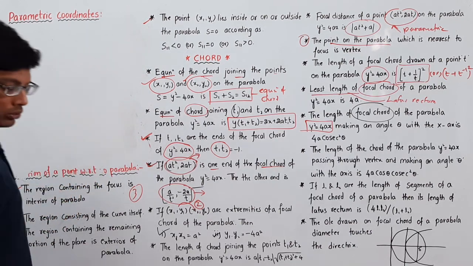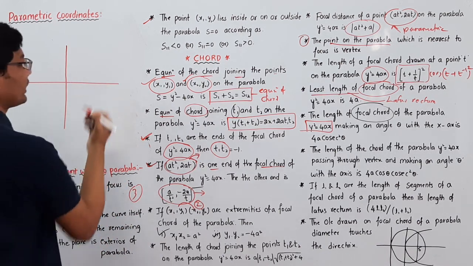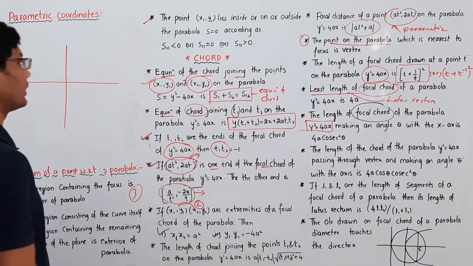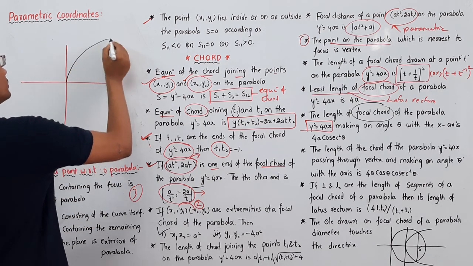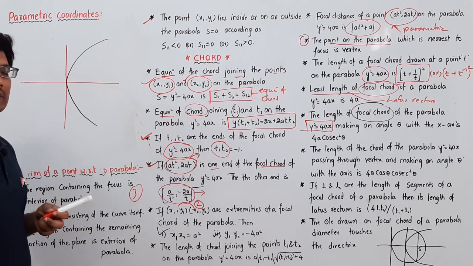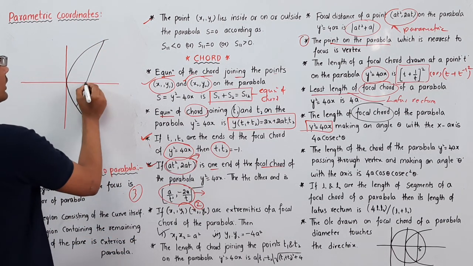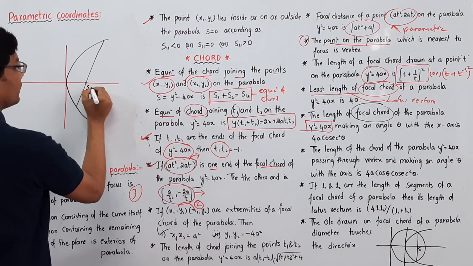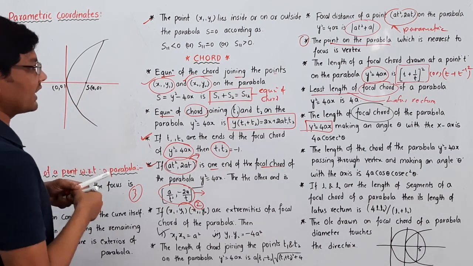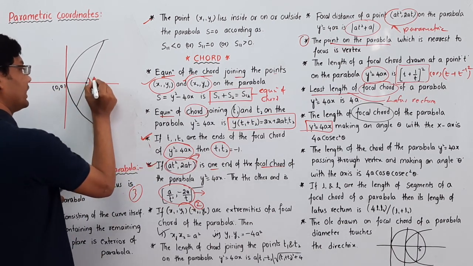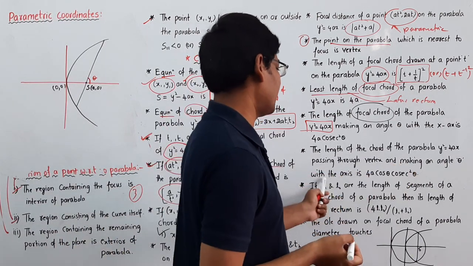Here I am taking two coordinate axes, and a standard form of parabola having vertex 0, 0 and focus S (a, 0). The chord is making an angle theta with the x axis.